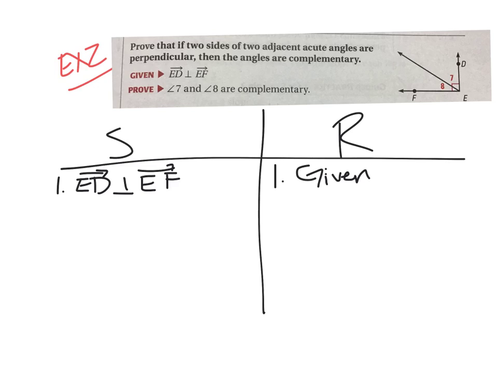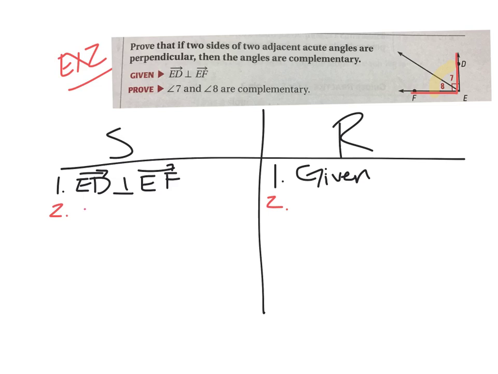So, number 2, we're trying to prove that angles 7 and 8 are complementary. So what else does it tell you here? Yeah, you see the right angle, so you know that those two intersect, right? They're perpendicular.